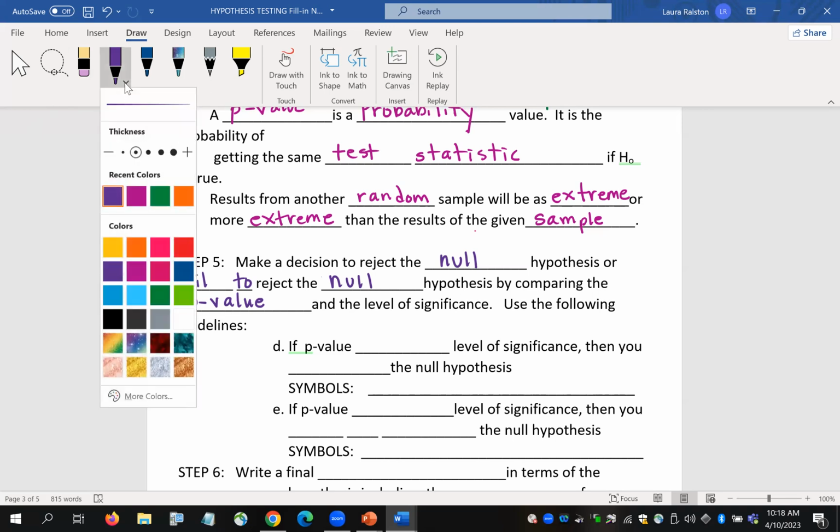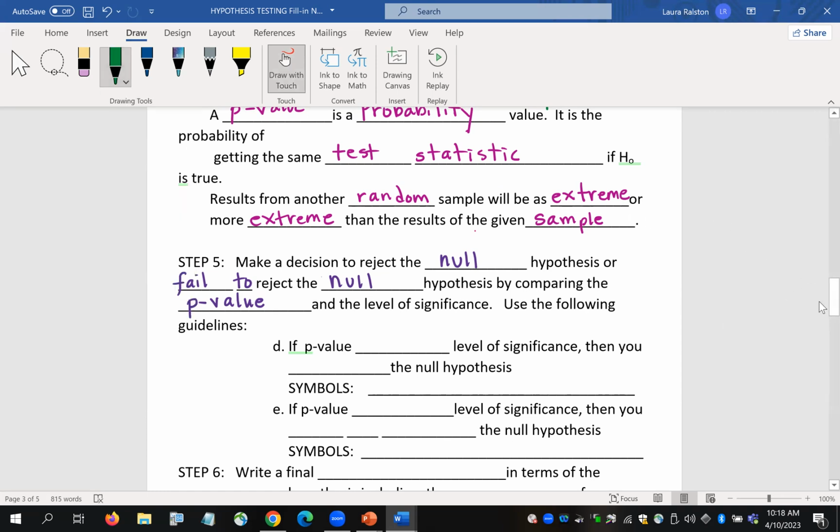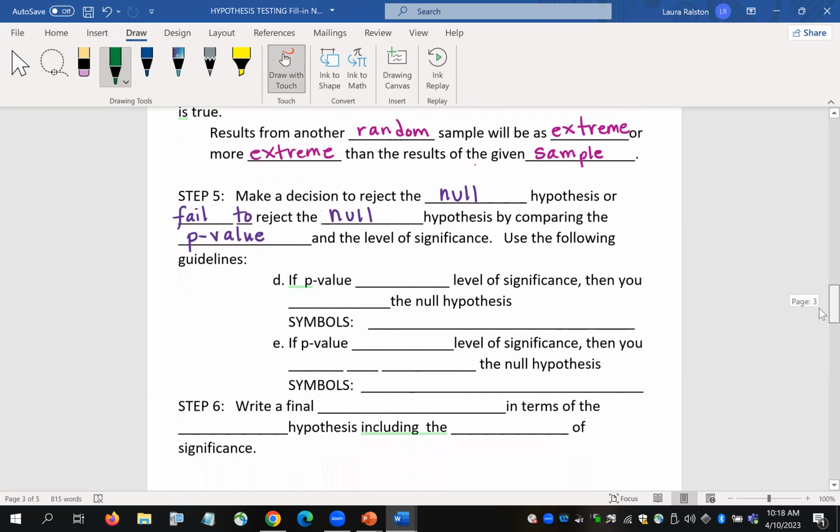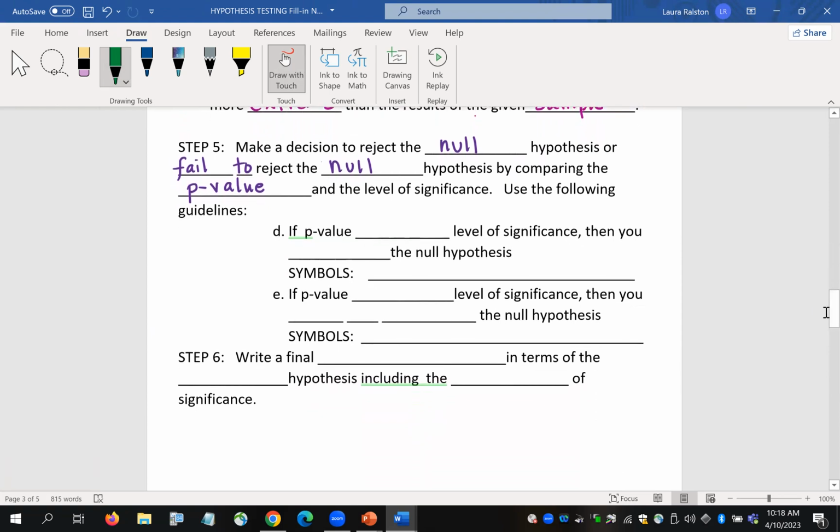The guidelines for making that decision are very specific. They do not change. Regardless of what test statistic we're calculating, what evidence we're presenting, these guidelines do not change. If the p-value is less than or equal to the level of significance, then you reject the null hypothesis.